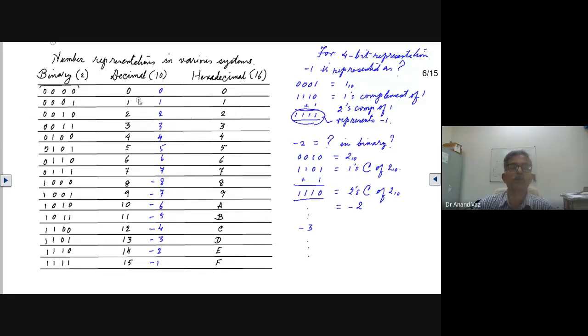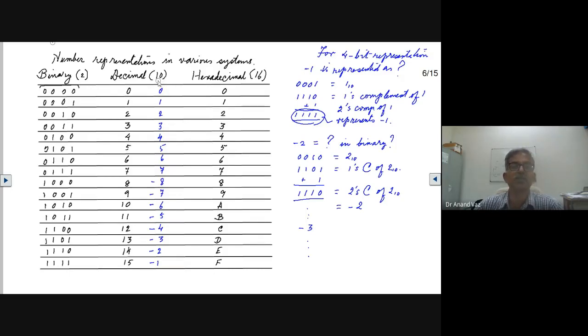Now on the left hand side we went from 0 to 15, and on the right hand side we are going just from 0 to 7, and then from minus 1 to minus 8.